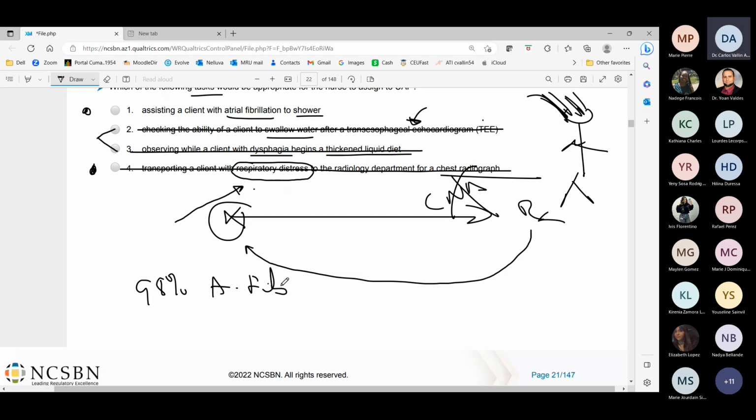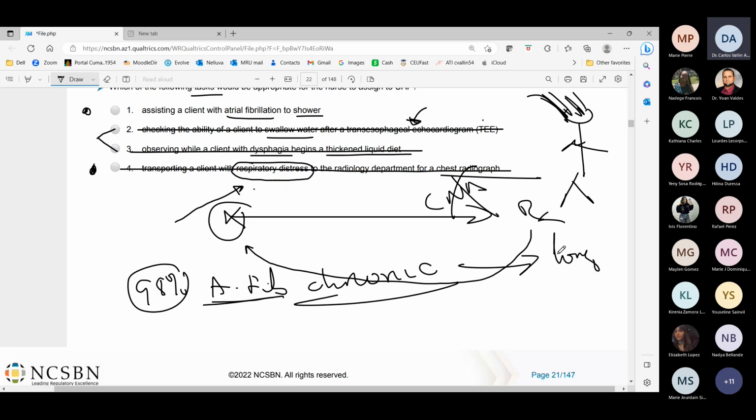This is the most common dysrhythmia you are going to see in your practice. In the big majority, the AFib is chronic, and the patient must live with this AFib the rest of his or her life, and it can be a long life. So atrial fibrillation is not lethal, it is something that can be stable.